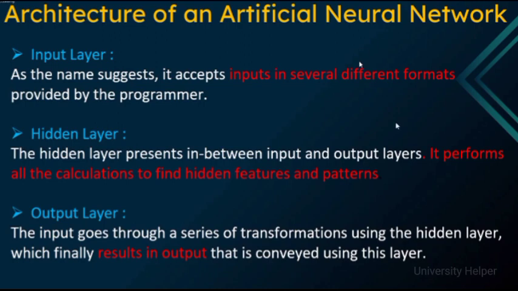It acts like a mediator and performs all the calculations to find the hidden features and patterns. So you have to discover some patterns. For example, in a supermarket, you have to identify which items are frequently purchased. It's a kind of pattern.